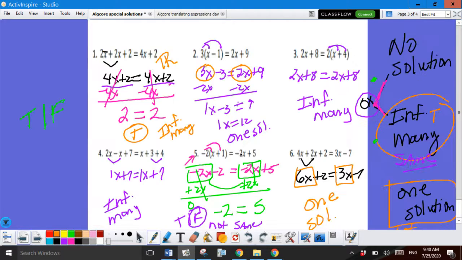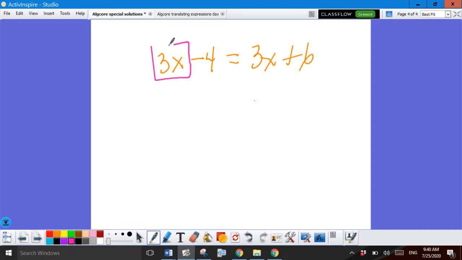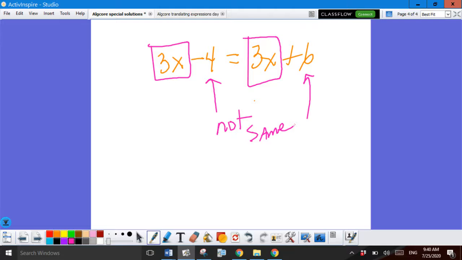So you're practicing one solution, infinitely many, or no solution. Remember, with no solution, you're going to come up with something like 3x minus 4 equals 3x plus 6. The variables are going to be the same, and the numbers are not the same. That's going to be your no solution.